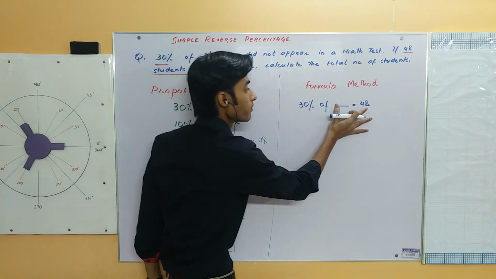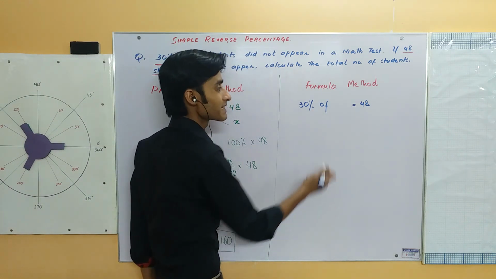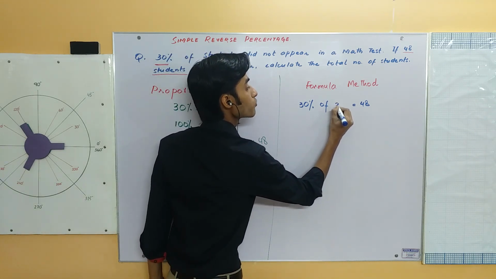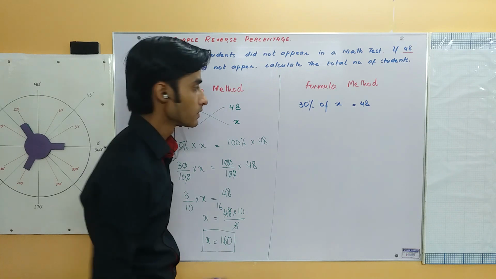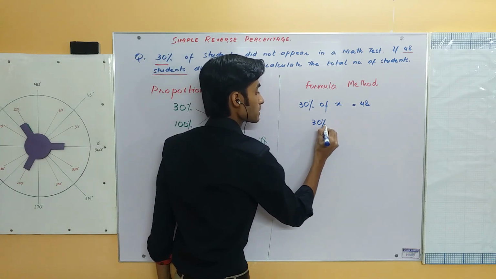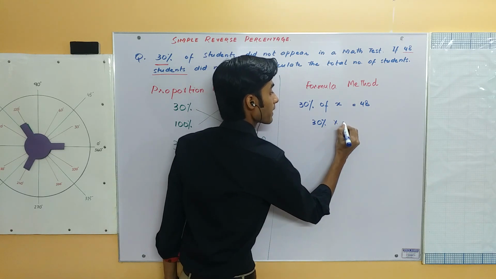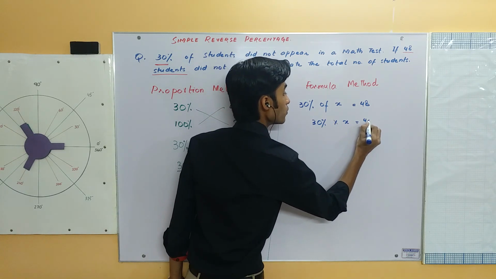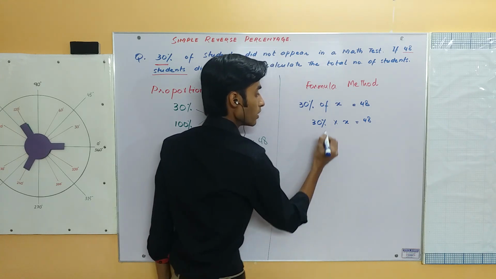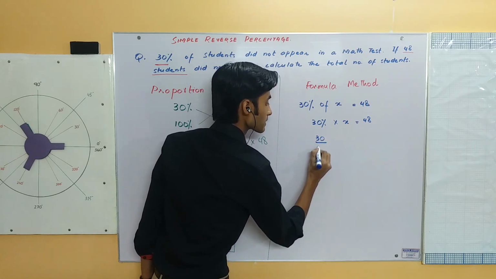I do not know what that something is, and when I do not know anything, I assume it to be x. 30% of x, where 'of' means multiply, is equal to 48. This is the original or the total value. I want to find out x.